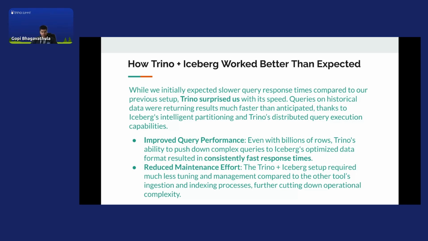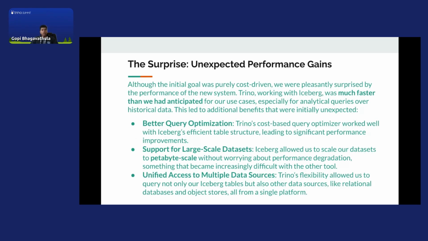Reduced maintenance effort. The Trino Iceberg setup required much less tuning and management compared to the other tools' ingestion and indexing processes, further cutting down operational complexity for us. All in all, once we implemented this, we realized unexpected performance gains from this setup.